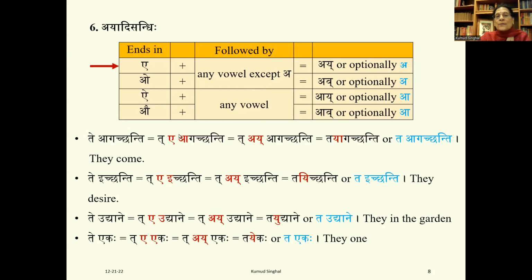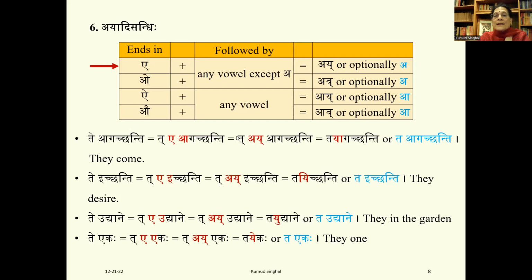So a is followed by any vowel except a, so a will be replaced by I. Now ta and a becomes ta, ya and a becomes ya, so taya gachanti.